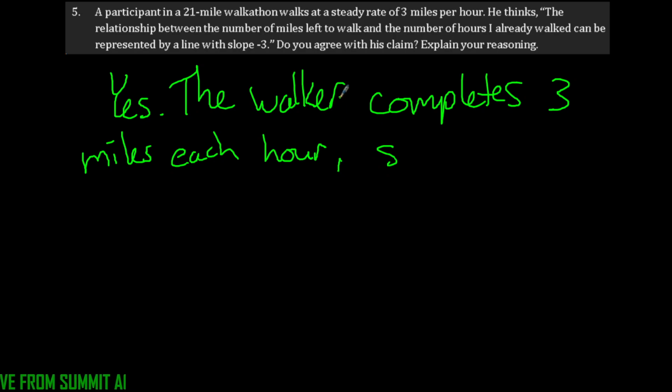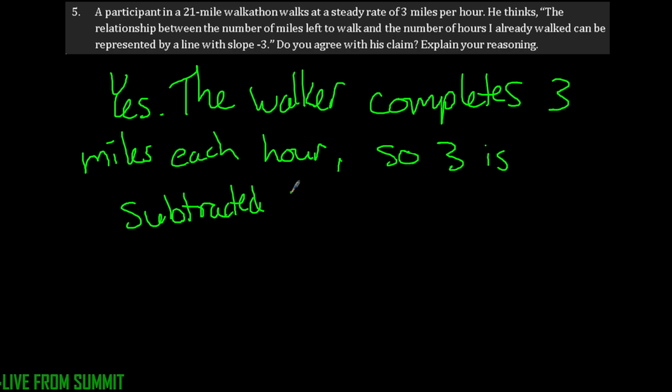Then we could say 3 is subtracted for each 1 hour. When you're thinking of a line with a slope of -3, it's saying for each one step to the right, meaning for every 1 hour, it's subtracting 3 miles from the total amount remaining. So just a simple sentence for that response.